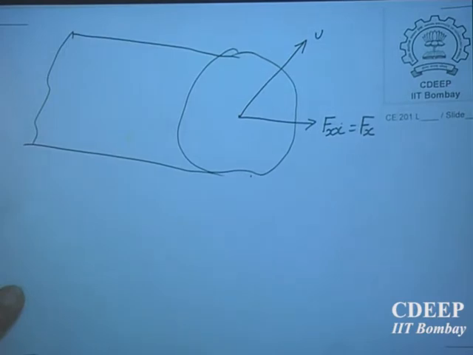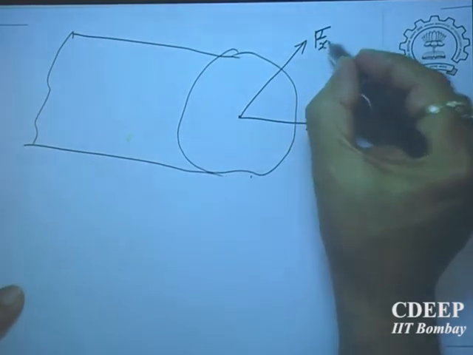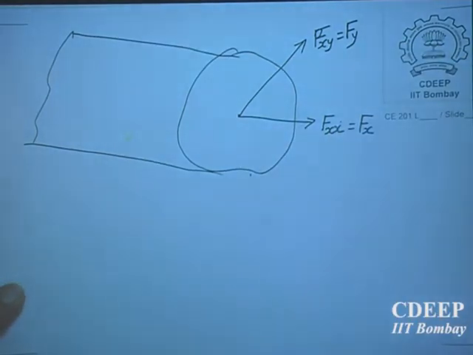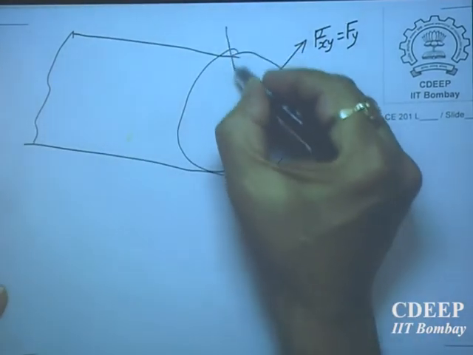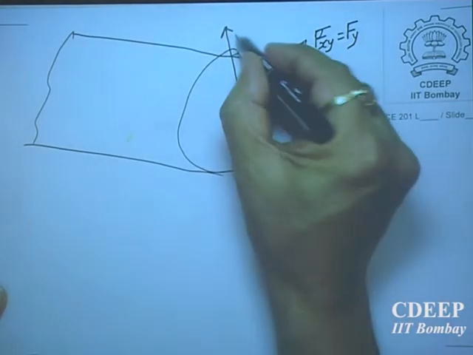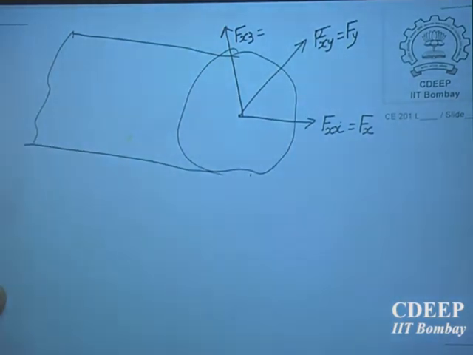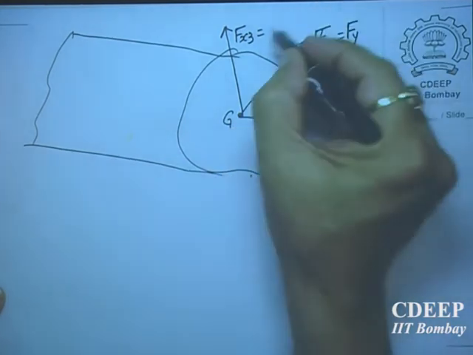Then here instead of calling Fxy, they will call it simply a force in y direction. At any point on a plane, this is the force in y direction, and in z direction Fxz. Because these two subscripts are very clear, which is the normal, which is the plane, which is the direction, everything is defined there. Now here it is said, okay, at this point G you have a force in z direction.